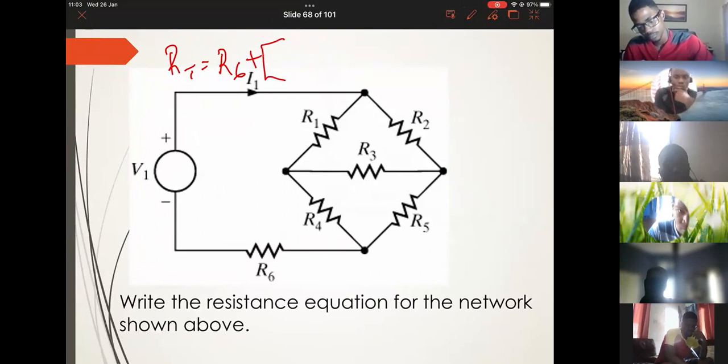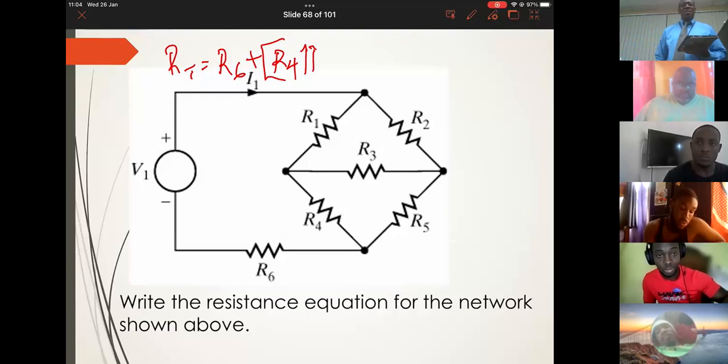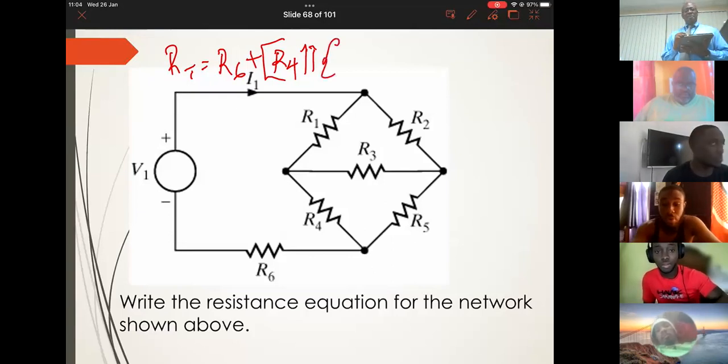R4 is in parallel with the rest of the circuit. R5.